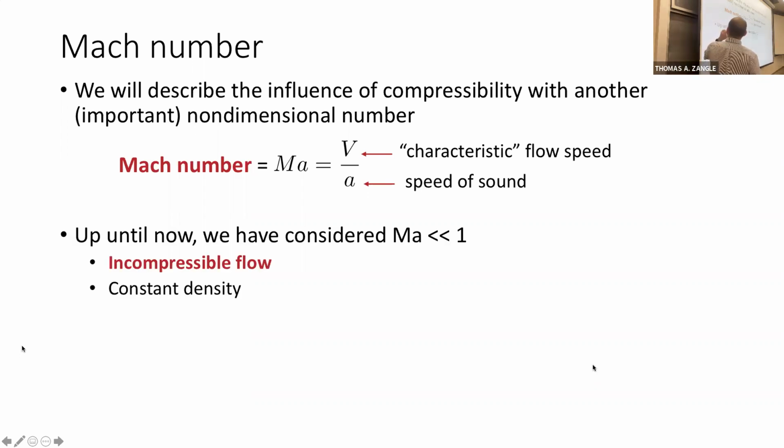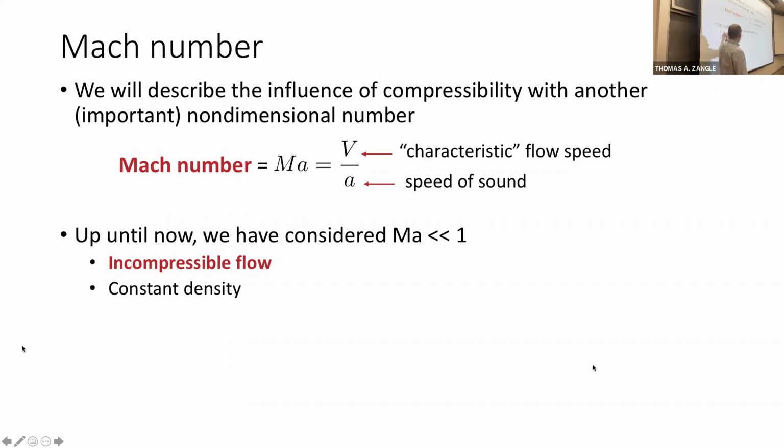And remember that up until now, we've considered Mach number much less than 1. We're going to put stricter limits on this today, but we've considered Mach number much less than 1, which led us to the case of incompressible flow, which greatly simplified our mass balance equations, our statements of mass conservation.